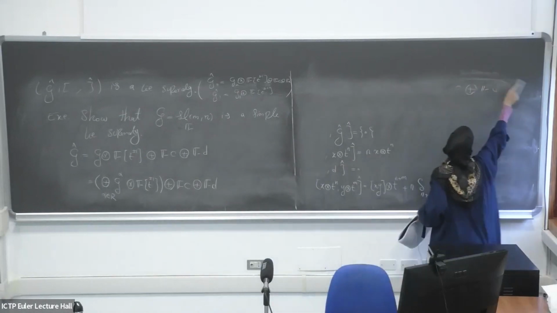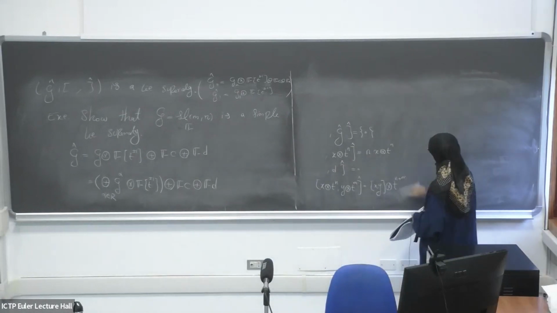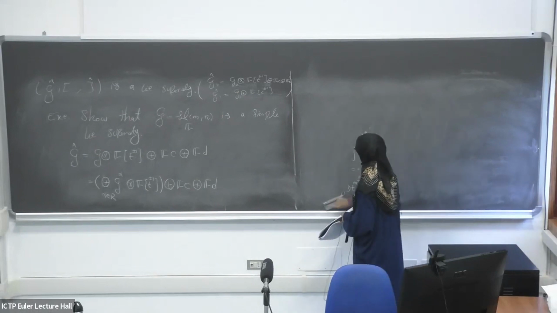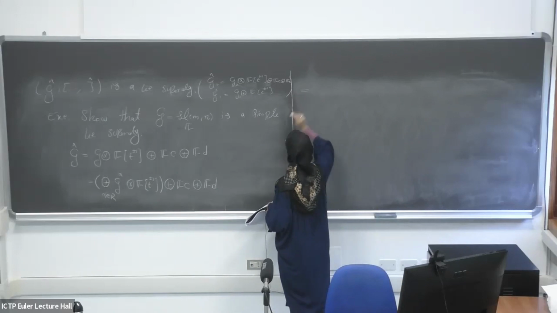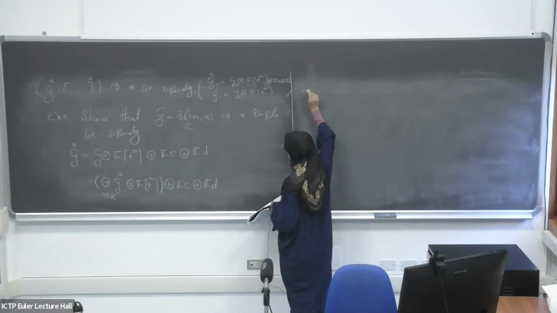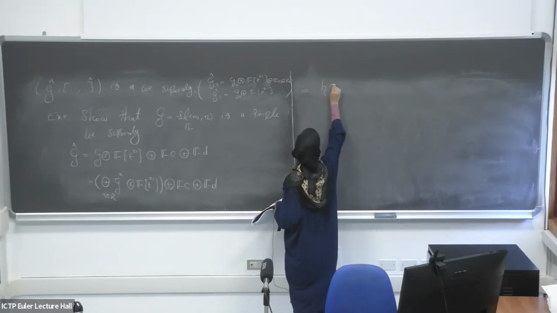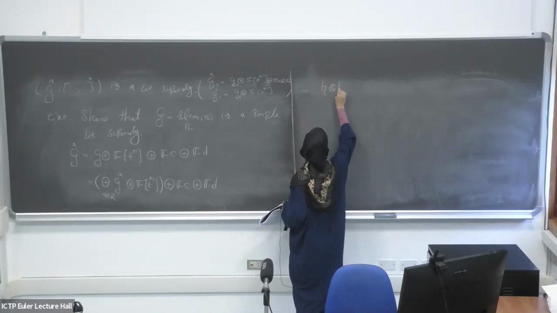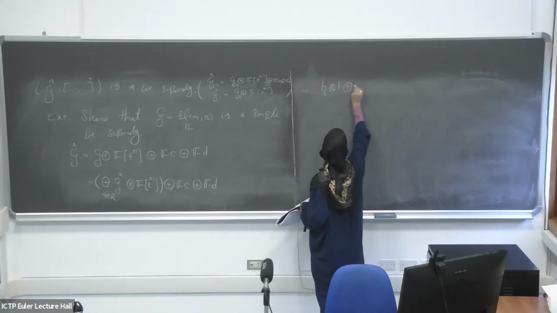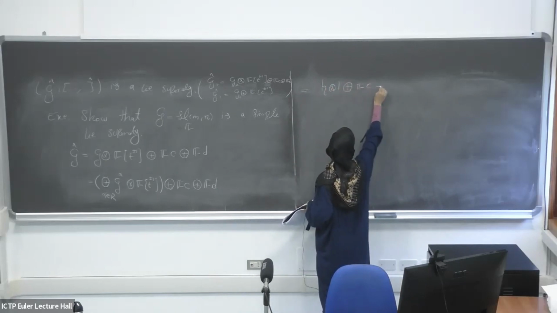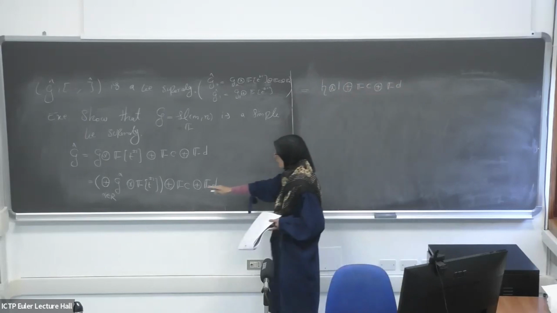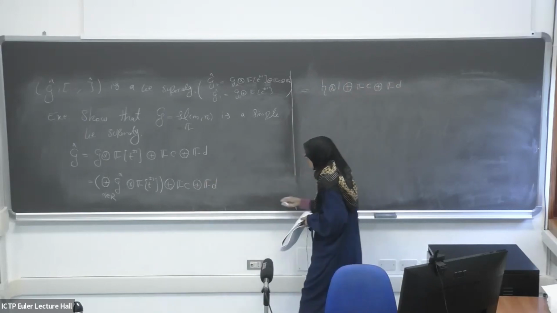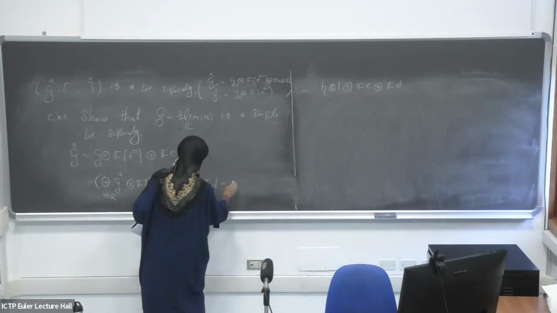And what we have is H tensor 1, direct sum FC, direct sum FD. Maybe it's better to write it in this way.